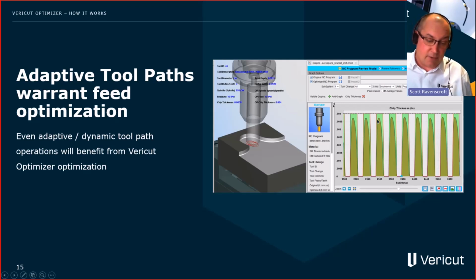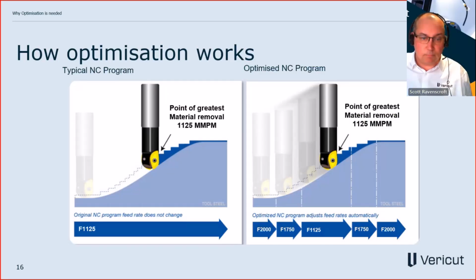And that applies to every single strategy I've ever looked at, and I've looked at a lot. There's always room for optimization with dynamic type milling strategies. And the example part that we're going to be showing you today indeed uses a dynamic milling roughing strategy or roughing strategies. And there is quite a lot of opportunity still with these type of toolpaths.